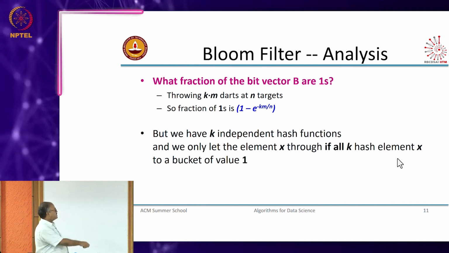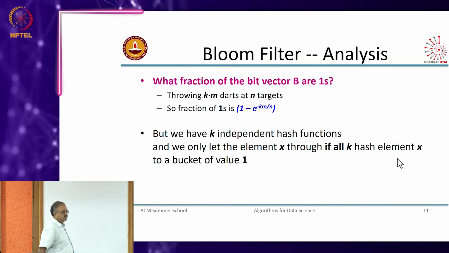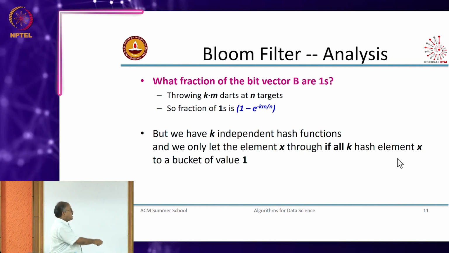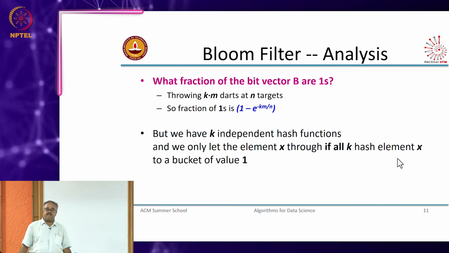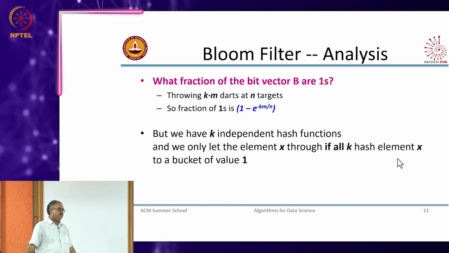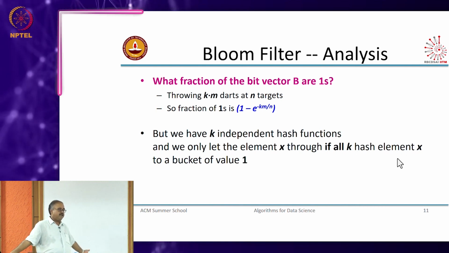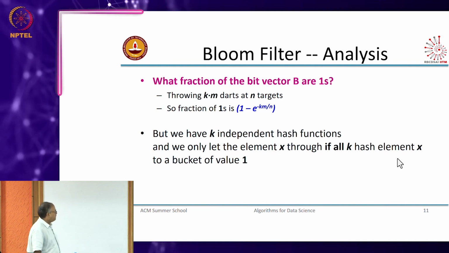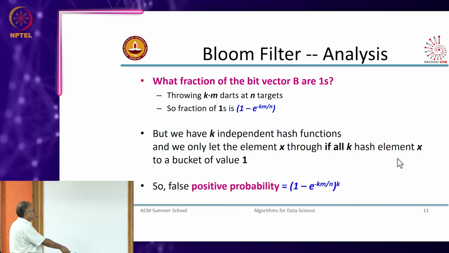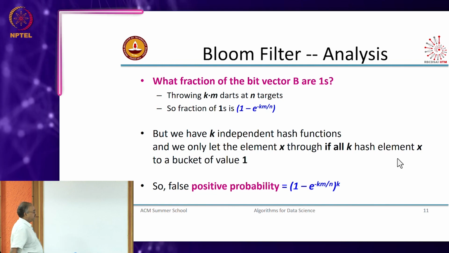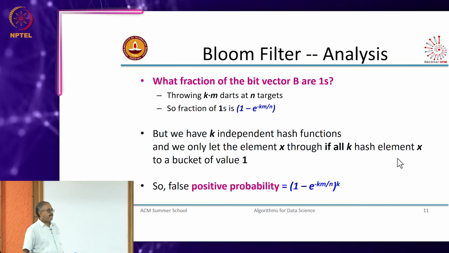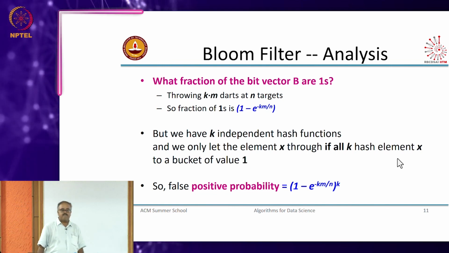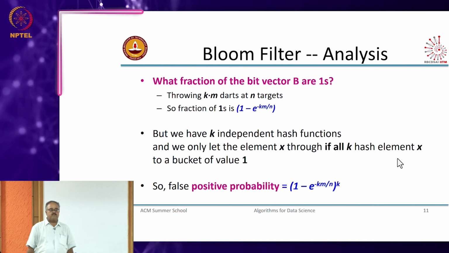This is the fraction of ones, that does not change, but I am going to sample this fraction of ones k times, and I need to get a 1 every time. I am going to sample this bucket k times, and get a 1 every time. So, this basically goes to the power of k.